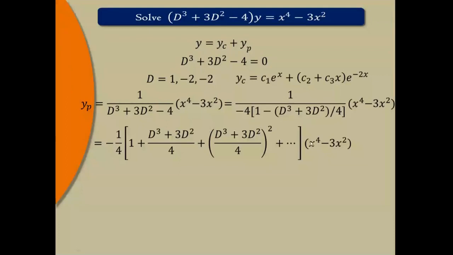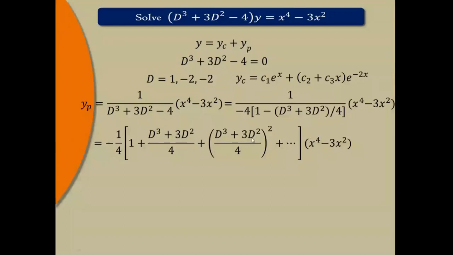All terms will have higher power than 4. So we skip next terms. And in this, if you take d square, that will be of power 4. One of the terms is of power 4. So we can take the square of this. Cube, higher power than both of this. So we skip that.